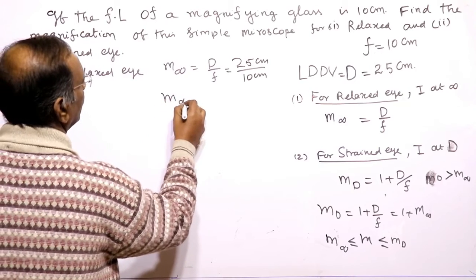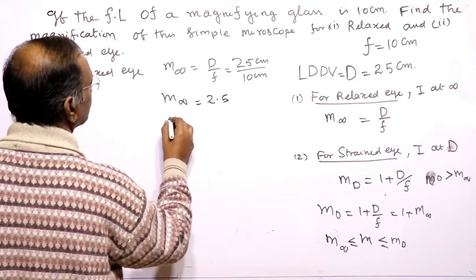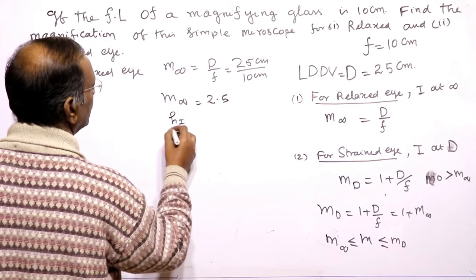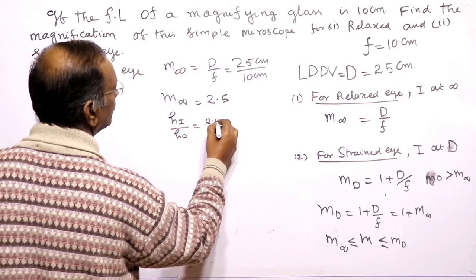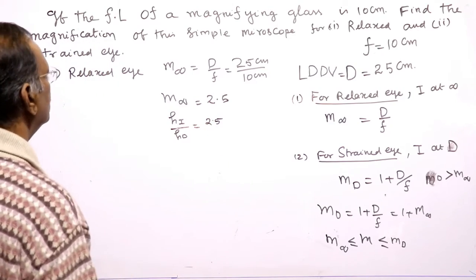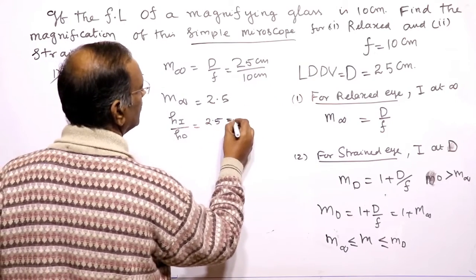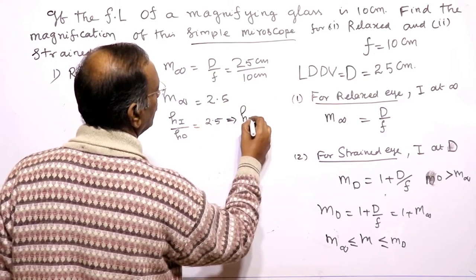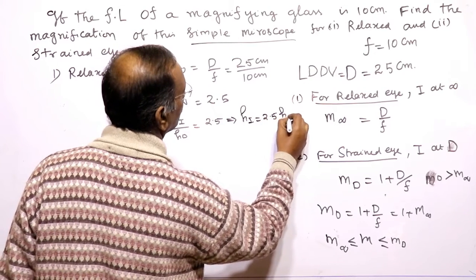Therefore, m at infinity is equal to 2.5. That is, height of image by height of object is equal to magnification, 2.5 for simple microscope. Or we can say height of image is equal to 2.5 times height of object.